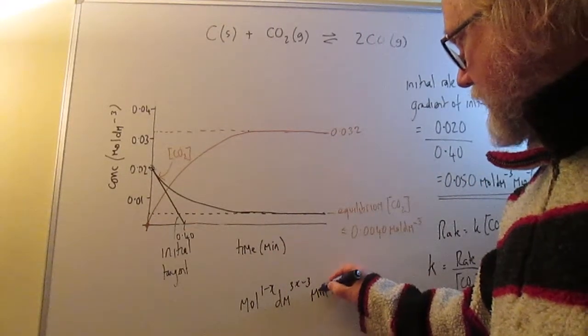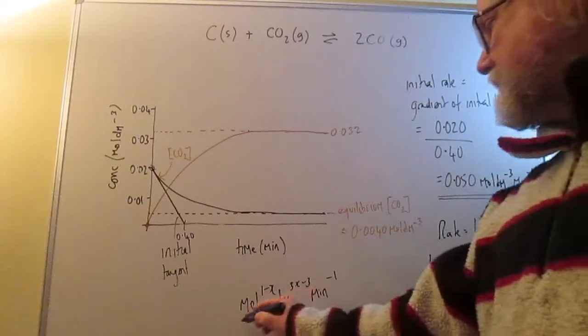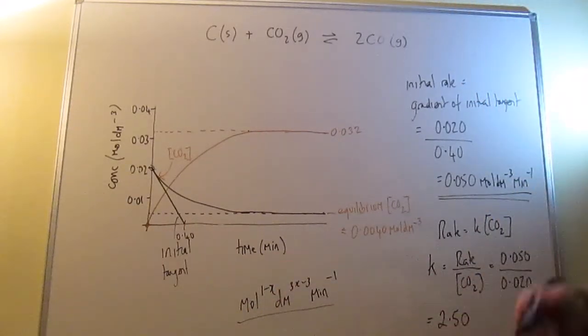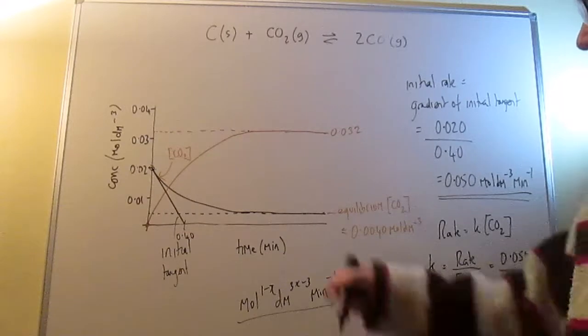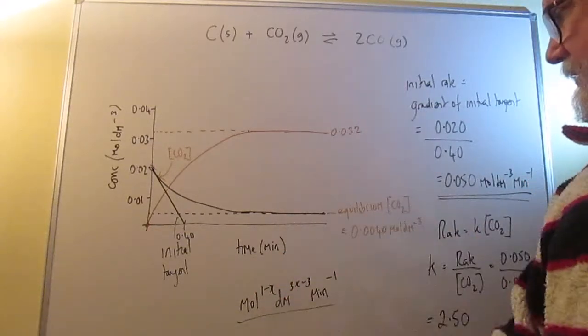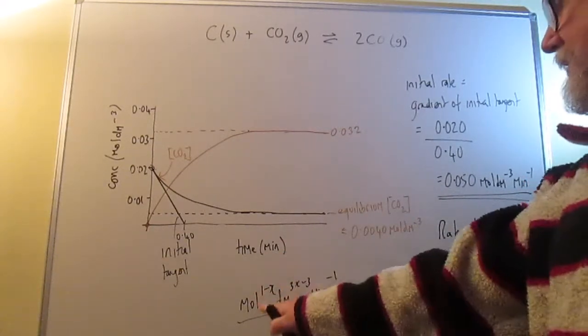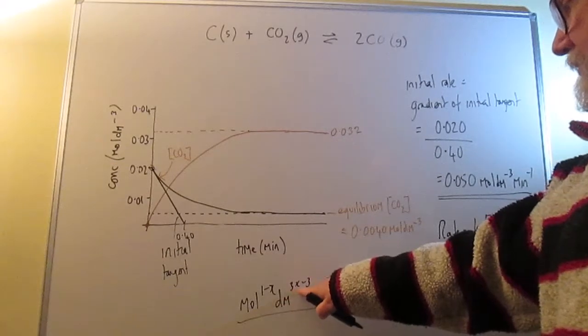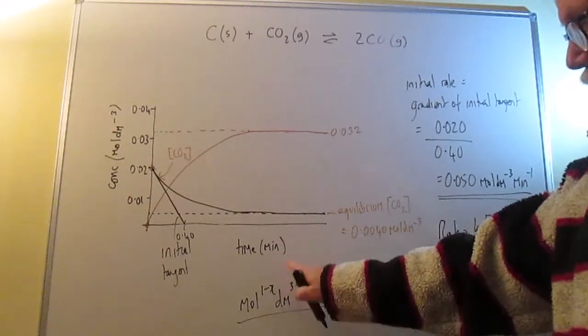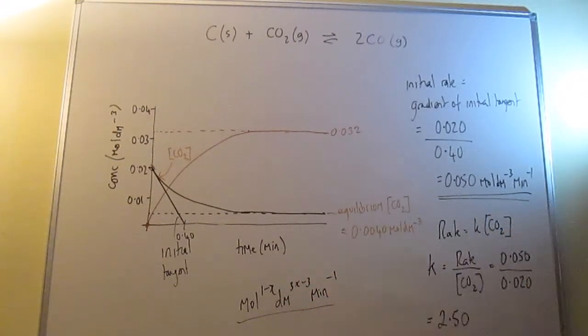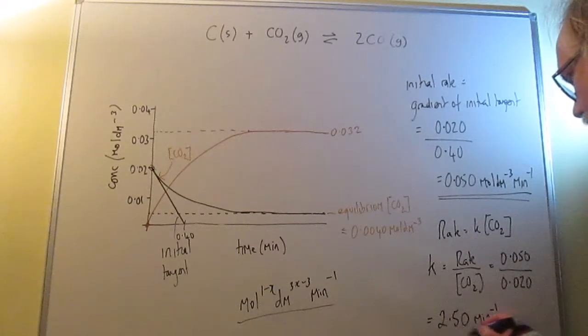So again, you've got to be careful, it's going to be minutes to the minus 1, where x is the overall order, which in this case is 1. So moles to the 0 means that term is just times 1, so it disappears. Again, 3 minus 3 is 0, so that term also disappears, and it's just left with minutes to the minus 1 is the unit for a first order reaction.